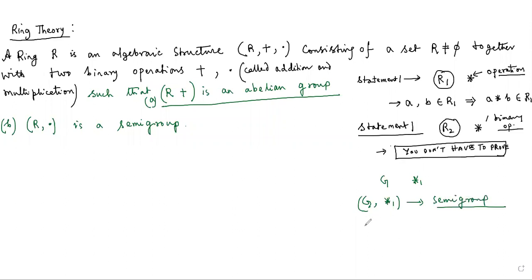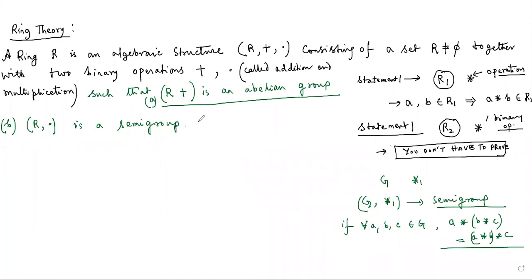G, star 1 is called a semigroup if for all A, B, C belonging to G, (A star B) star C is equal to A star (B star C). That's it. No other property is required. And obviously star 1 is a binary operation.